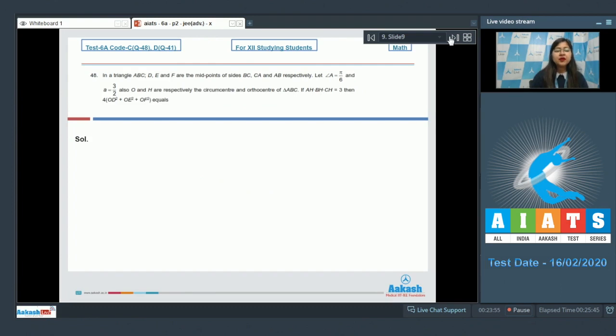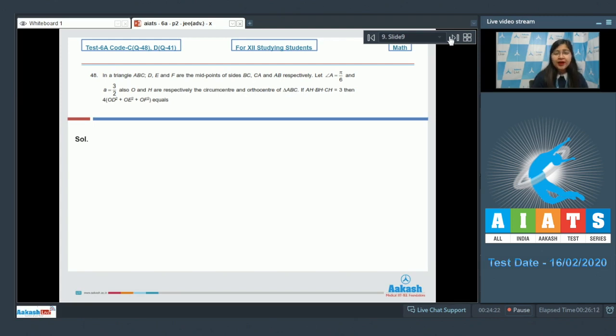Next is question number 48, which says in a triangle ABC, D, E and F are the midpoints of sides BC, CA and AB respectively. Let angle A is pi by 6 and side a is 3 by 2. O and H are respectively the circumcenter and orthocenter of triangle ABC. If AH into BH into CH is 3, then 4 times OD square plus OE square plus OF square is.